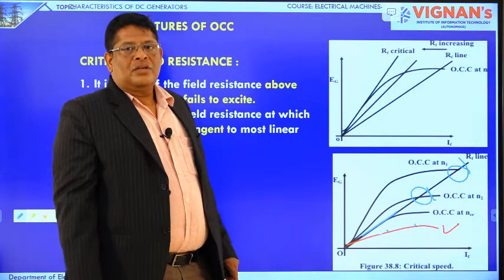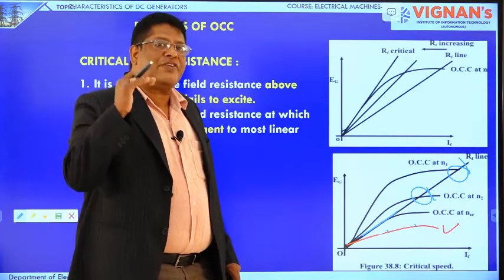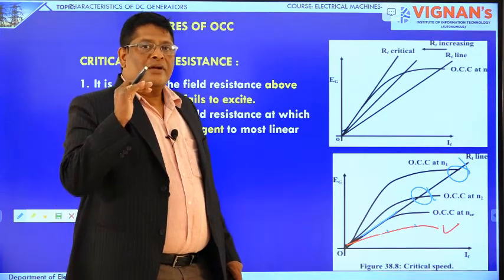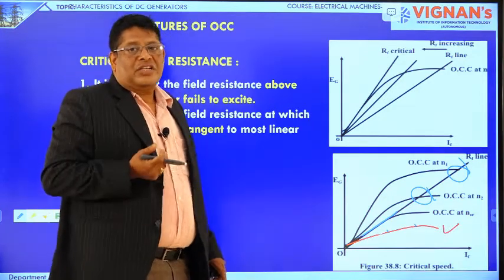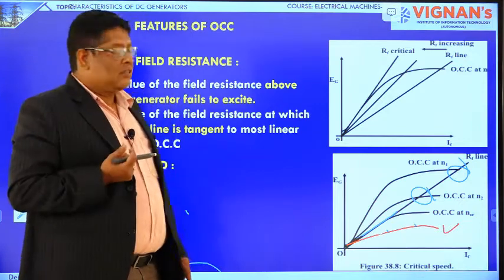So, there is some cutoff for the speed of a generator below which it fails to build up a voltage.